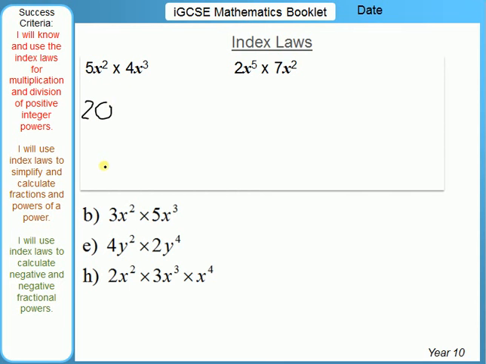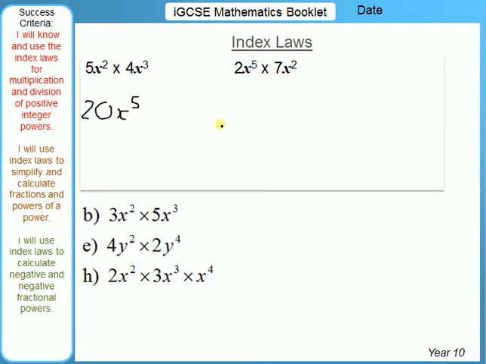And then using what I did in the previous slide, x squared times x cubed is x to the power of 5. You treat the numbers separately, you treat the letters separately.